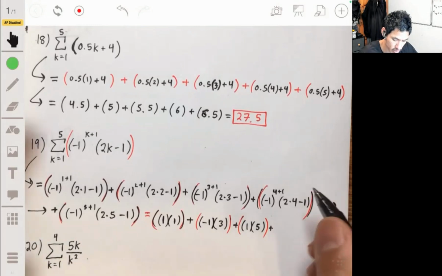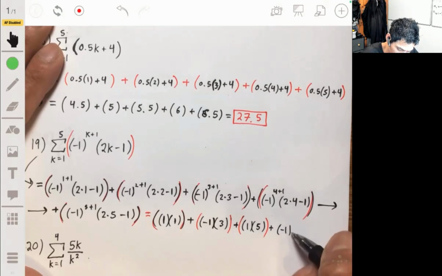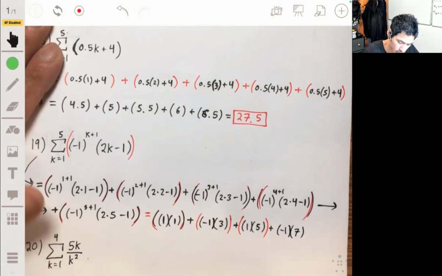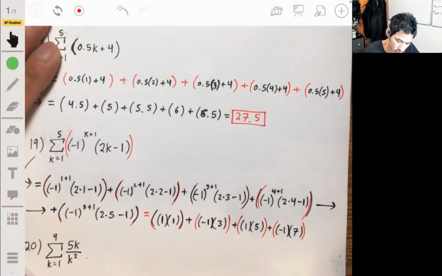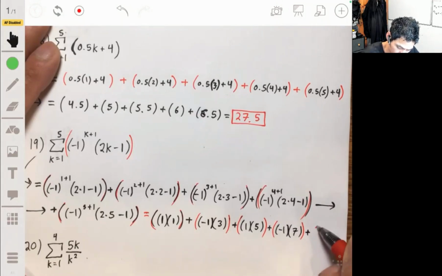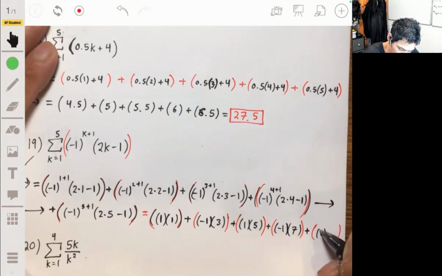a4, -1 to the 5, which will be -1. 8 minus 1, 7. And a5, -1 to the 6, which will be +1, times 10 minus 1, so times 9.